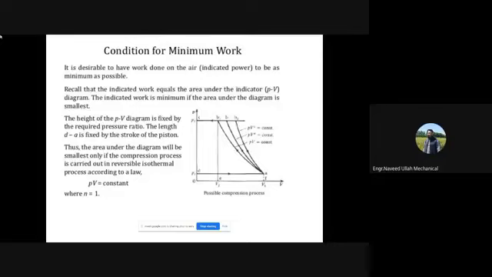One of them, which we discussed in the previous class, is the reciprocating air compressor without clearance volume. Then we were left with the reciprocating air compressor with clearance volume, and I also told you that we will be discussing multi-stage compression. So the first portion was completed in the previous class.